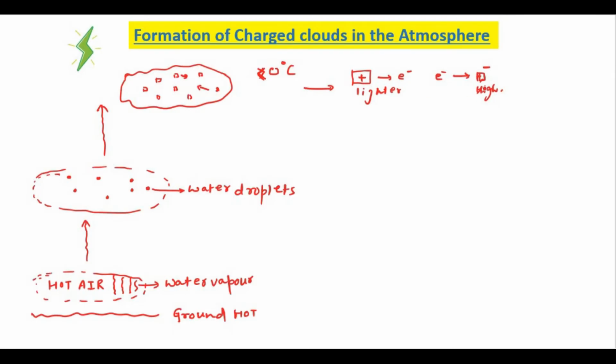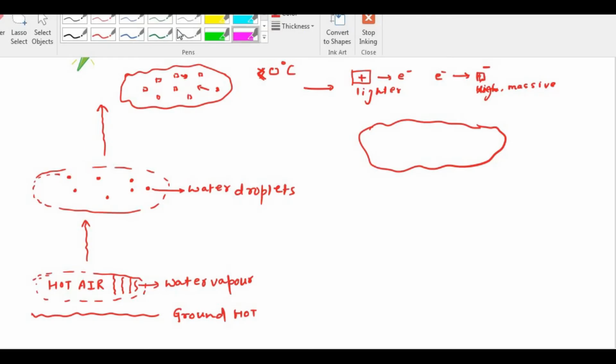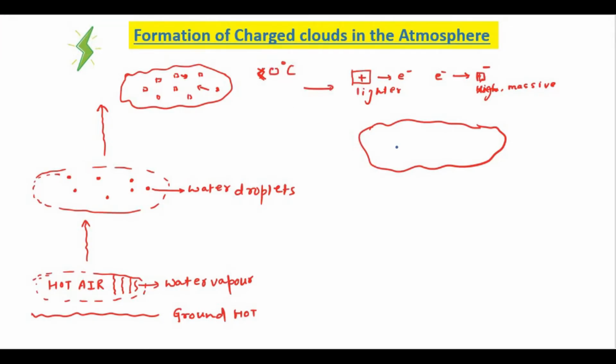They become slightly more massive, or heavier, than this one. Now, what do you have inside the cloud? Suppose this is our cloud. Inside this cloud, the ice particles collided.